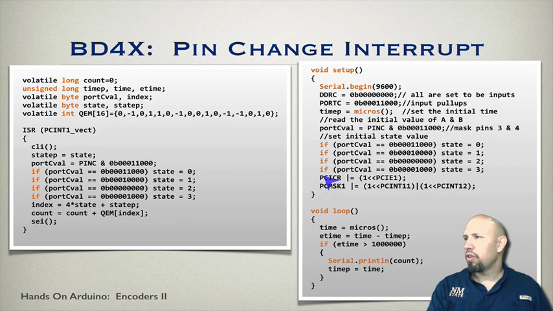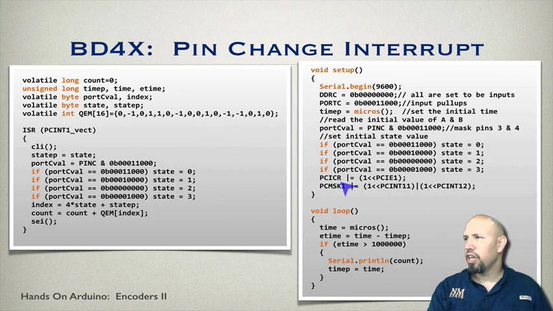Then I need to set the PCICR. This sets up interrupt register 1, interrupt vector 1, so the PCInt1 vector. That enables it. PCInt11 and PCInt12 are associated with analog pins 3 and 4, and so this is enabling those two pins.